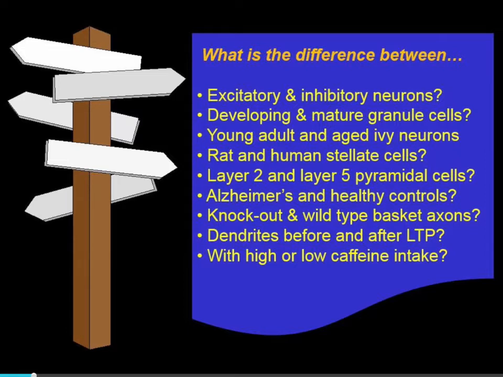Is there a difference between the trees of developing neurons or mature neurons, or young and aged individuals, or across species, say, between rats and humans, if we look at the same brain region and same neuron type? Or within different brain regions, say, between superficial neurons and deep neurons, or in healthy controls and Alzheimer's patients, and so forth, genetic manipulations in animals, dendrites before and after experimental models of potentiation and plasticity, or even after a lifelong intake of heavy caffeine, which would describe very well my own brain. Could you see a difference there?